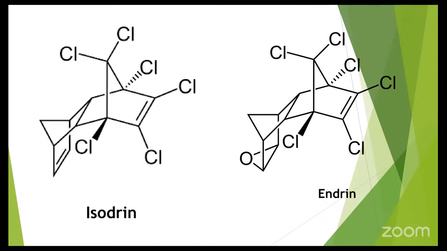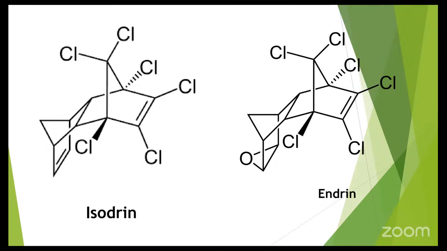We have also studied the organochlorines in the fifth and sixth chapters. In the coming class, we'll be seeing the organophosphorus insecticides, where we'll deal with the introduction, structure, nomenclature, and symptoms of poisoning as well.